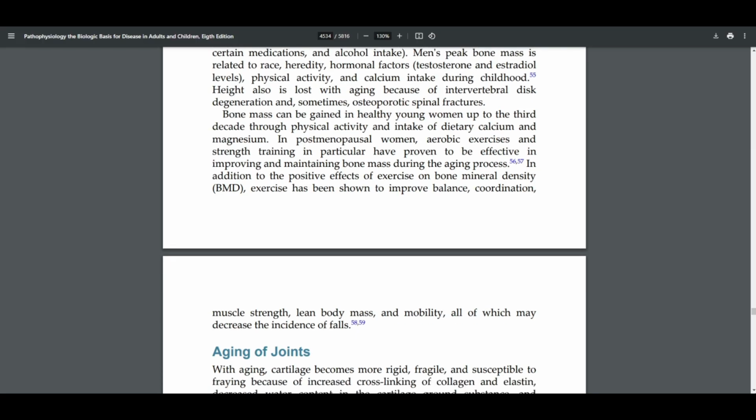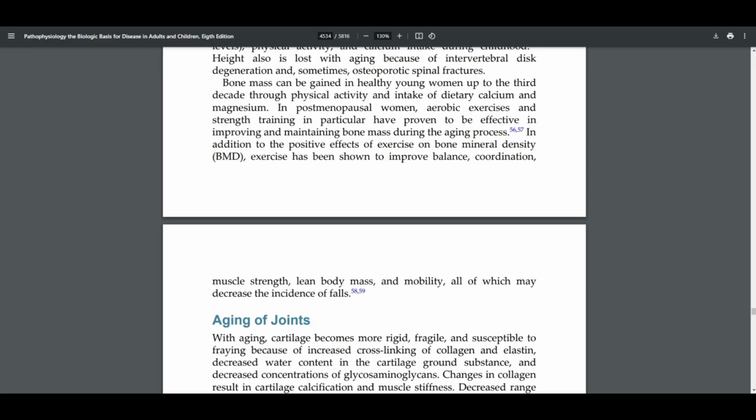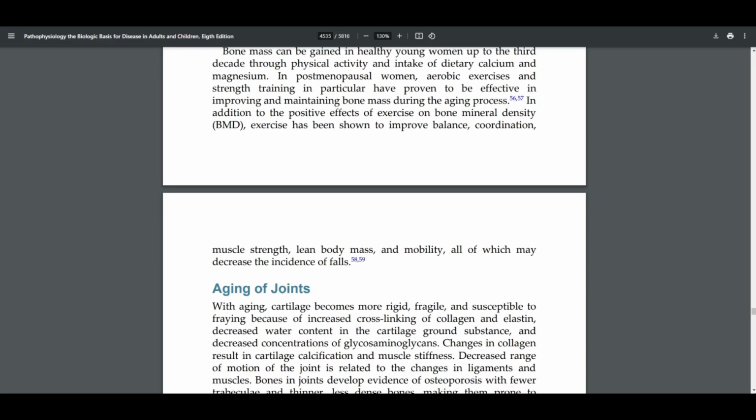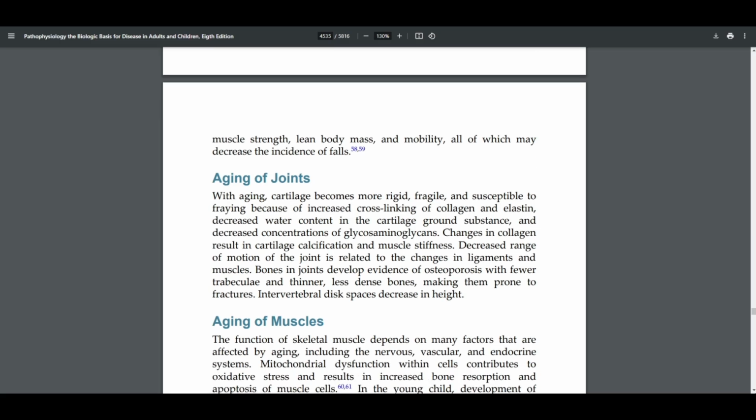In postmenopausal women, aerobic exercise and strength training in particular have proven to be effective in improving and maintaining bone mass during the aging process. In addition to the positive effects of exercise on bone mineral density, exercise is shown to improve balance, coordination, muscle strength, lean body mass, and mobility, all of which decrease the incidence of falls.